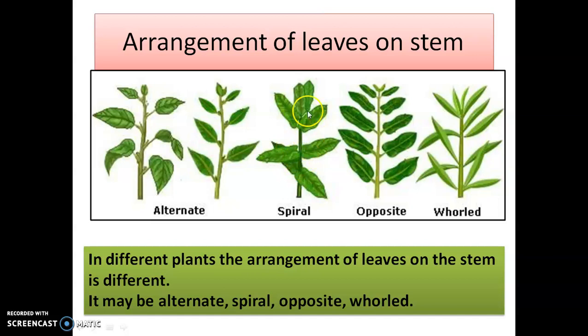See here, it is in the form of a spiral or like a spring, or opposite, one this side, one this side, one this side, one this side, or whorled, like a bunch. See these leaves, they look like a bunch. So those are called whorled. So, different arrangement of leaves on the stem.